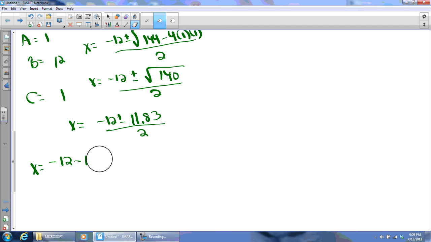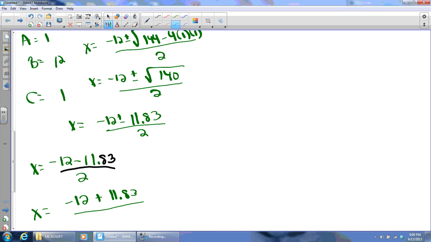sorry about that. Is that going to be 11.83? Uh-oh, I changed colors. Divide by 2. And then the other one we'll get from doing this. So I'll crunch those on my calculator. Negative 12 minus 11.83 divided by 2, and I'm going to get negative 11.915.